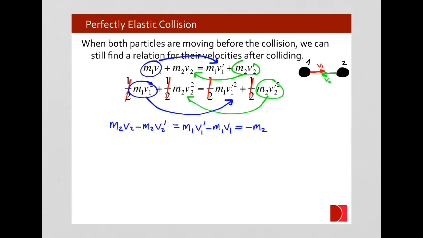We're going to do that by factoring out a negative m2. And so that'll give us a positive v2 prime and a negative v2. Similarly, we'll also factor out the m1 term. So this is one of the relations that we're going to use in just a minute.